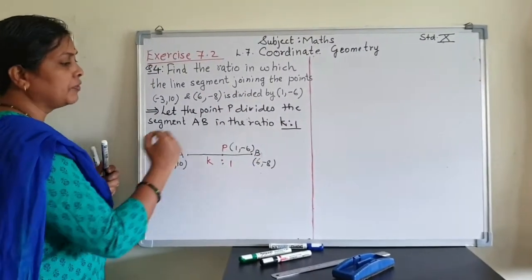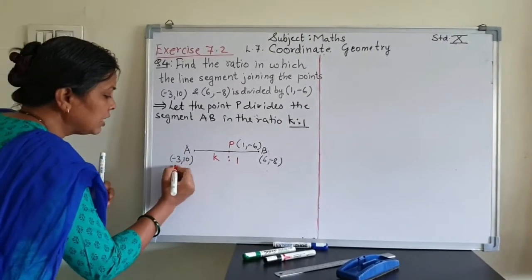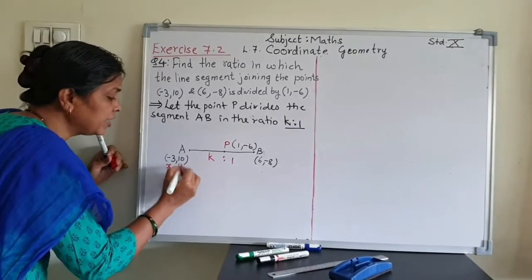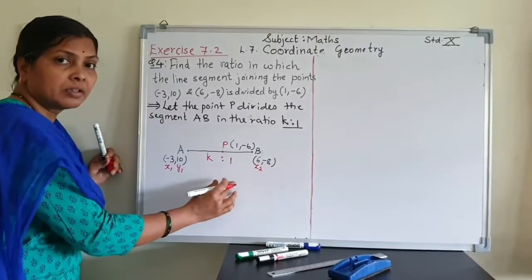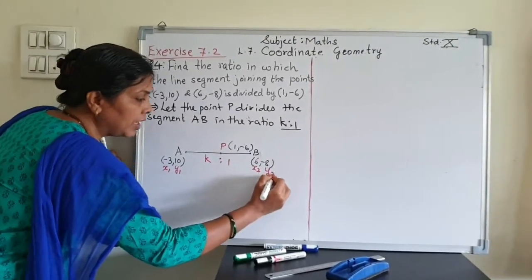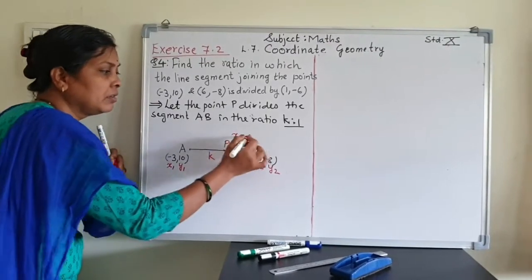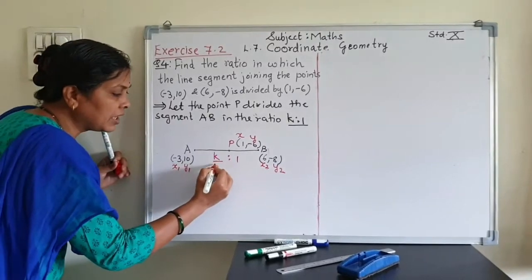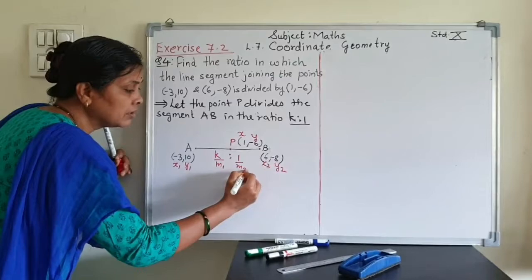From this representation, we get the values like this: x1 is -3, y1 is 10, x2 is 6, y2 is -8. Now 1 is x, -6 is y, and this K is m1 and 1 is m2.